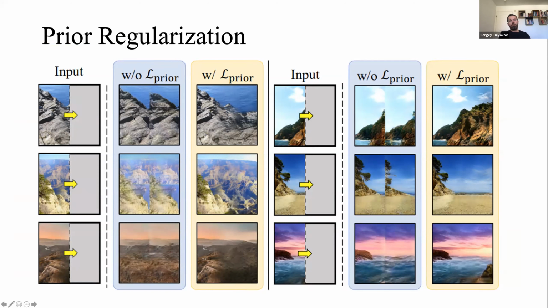It doesn't consider the outpainting task. But if we add the prior loss, we see that the boundary disappears and this no longer happens. So you can see that it's much better here.